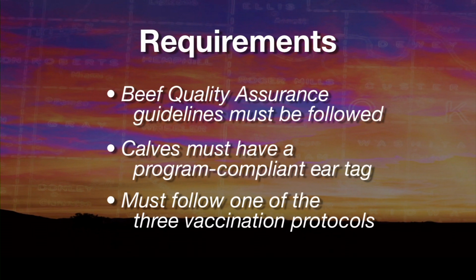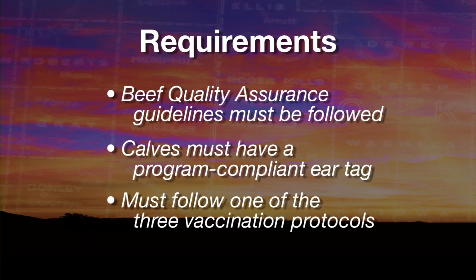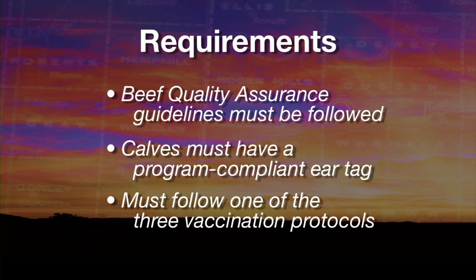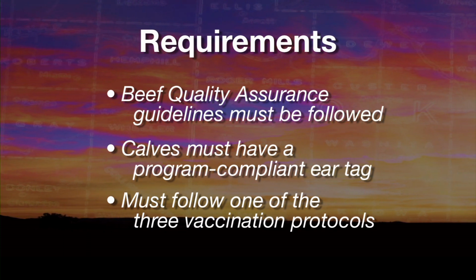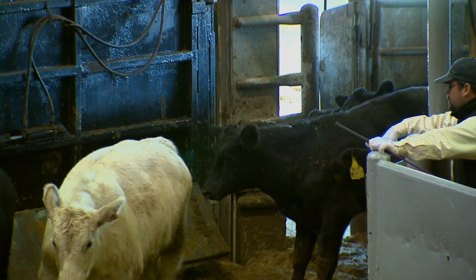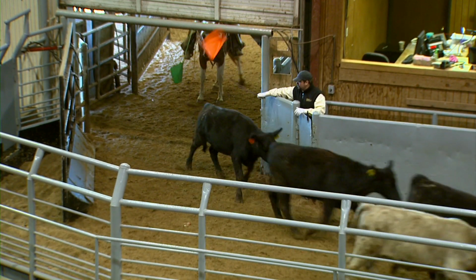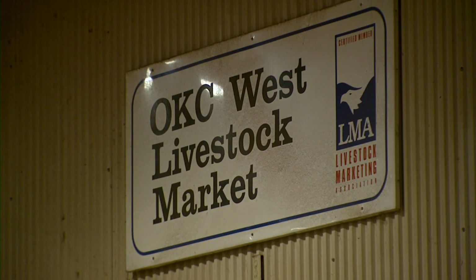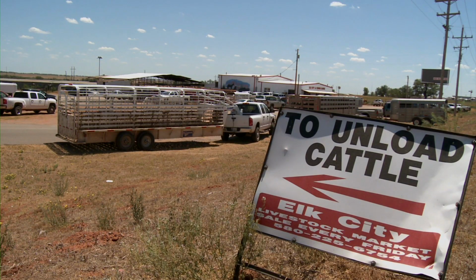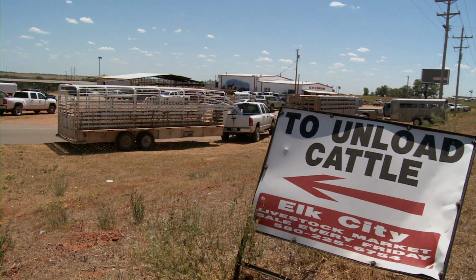And then OSU, myself, or one of our county extension personnel verify those calves. A producer has the option, but is not required, to market those calves in an OQBN Vac-45 certified sale. Traditionally our sales are through the fall and at several different livestock auction markets throughout the state.